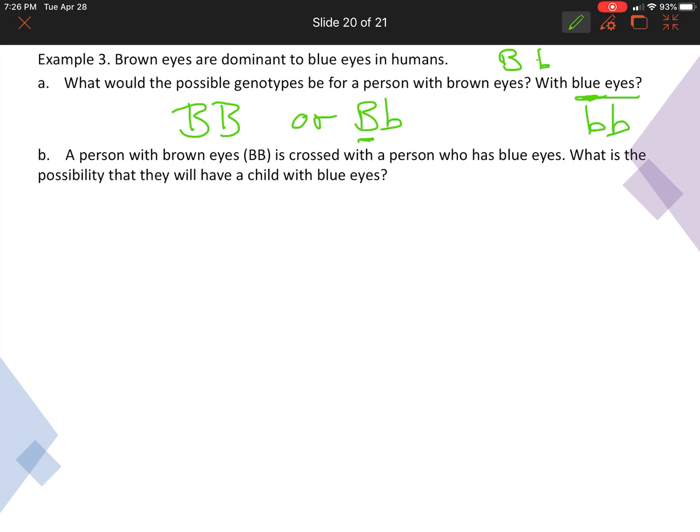Now, part B here: a person with brown eyes who is homozygous dominant is crossed with a person who has blue eyes. It doesn't give you the genotype, but we know from here that if they've got blue eyes, that has to be their genotype. So what is the possibility that they will have a child with blue eyes? To figure this out, we're going to draw our Punnett square.